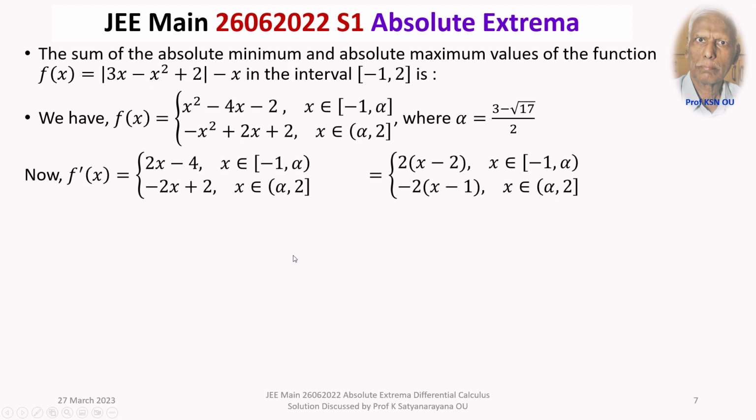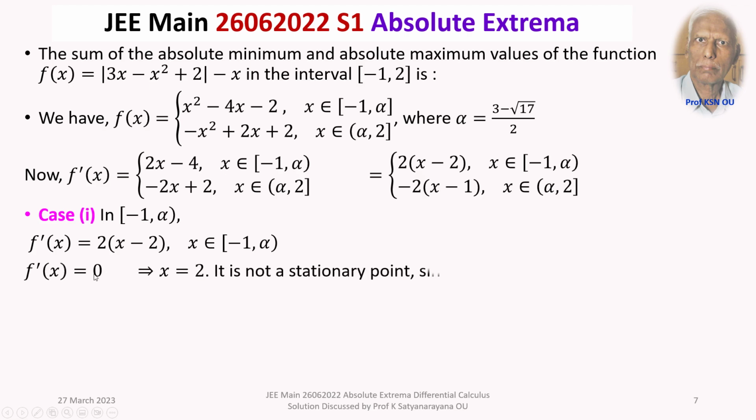We deal with two cases to discuss local maximum and local minimum. Case 1: in the first interval minus 1 to alpha, f prime x is 2 times x minus 2, and setting f prime x equal to 0 gives x is equal to 2. But notice that 2 lies outside this interval.